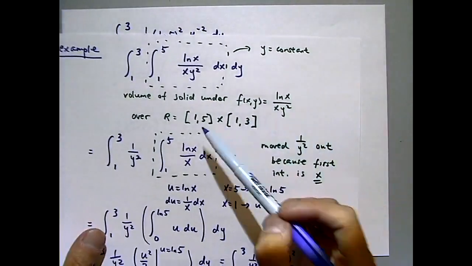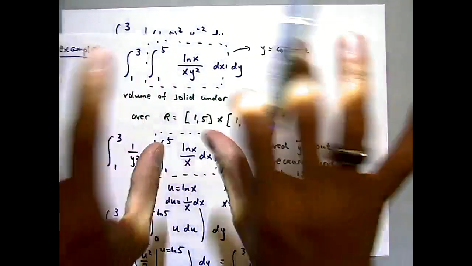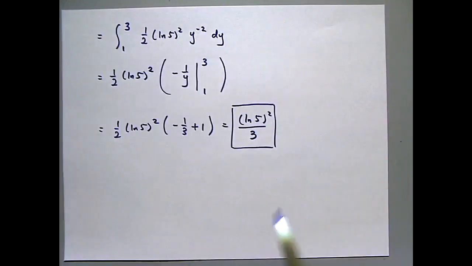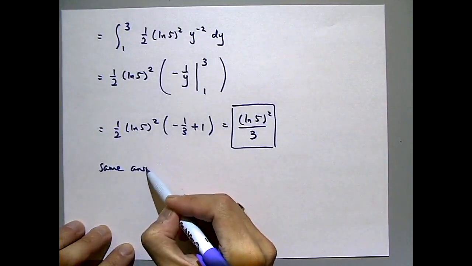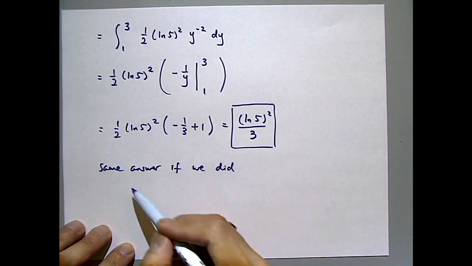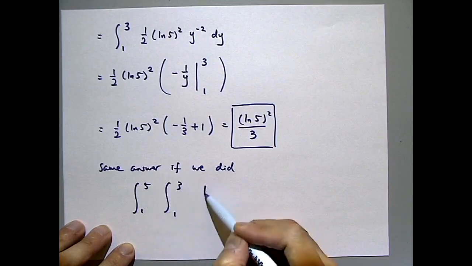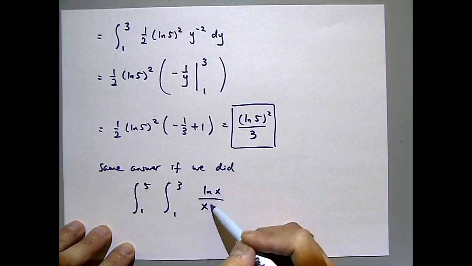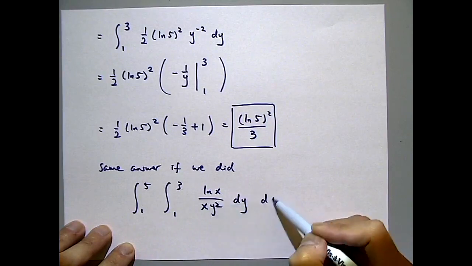Again, remember, because this is over a rectangle, we could have swapped the integration. So let me finish writing this. Same answer if we did the integral from 1 to 5 and 1 to 3 of ln of x over xy squared, dy dx.